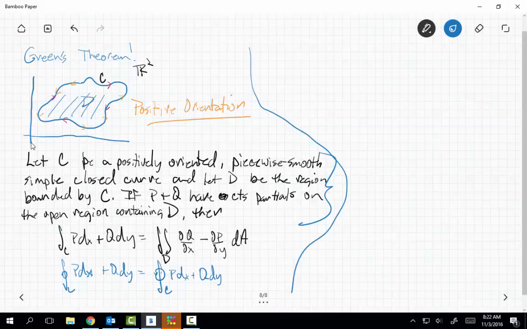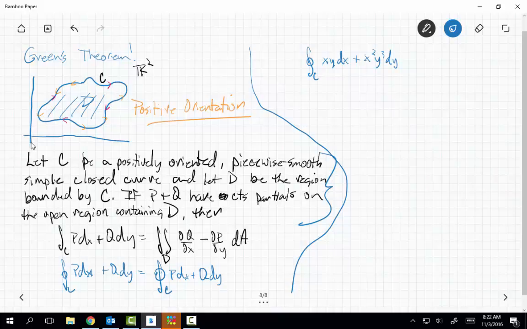And that example is, we're going to take the line integral over a closed, positively oriented curve of xy dx plus y squared plus x squared y cubed dy.